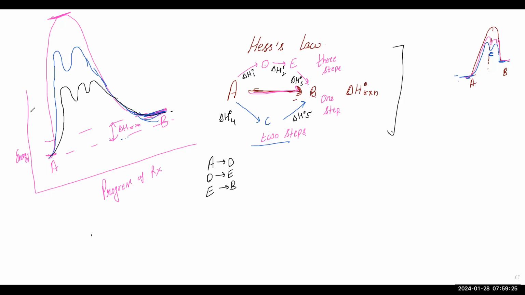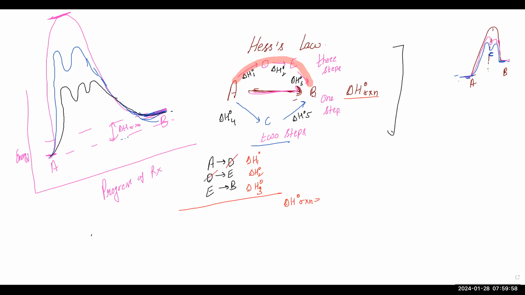I hope all of you are listening. I'm going on this path. Then this is delta H1, delta H2, naught means standard conditions, delta H naught 3. Add these equations. Can you give me what's the final equation? And that final equation is delta H naught reaction is equal to what? Add these, all of them.